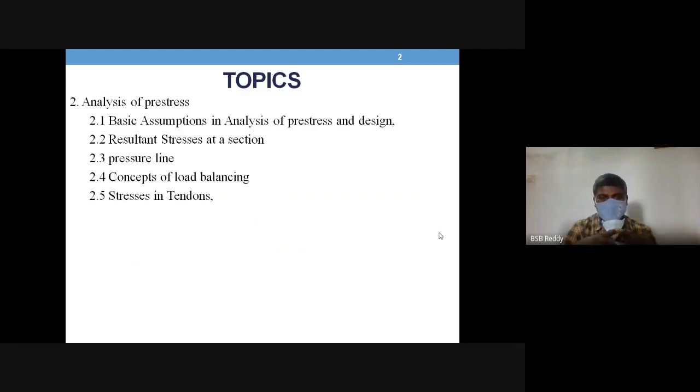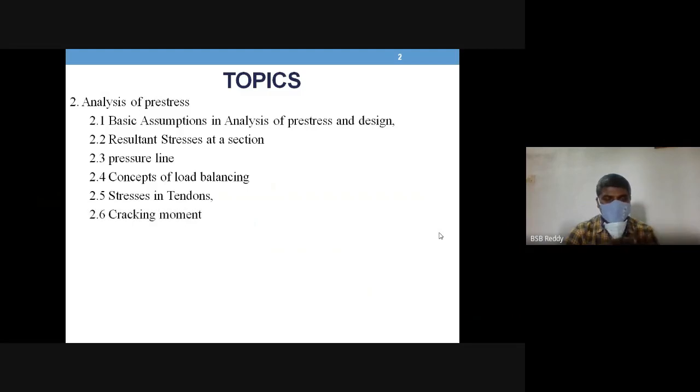Then you may think, what is the need for stresses in tendon, as once the jacking operation is done? At a later point of time, the concrete is going to take that stress, and the deformations in concrete are going to change the stress in tendon.